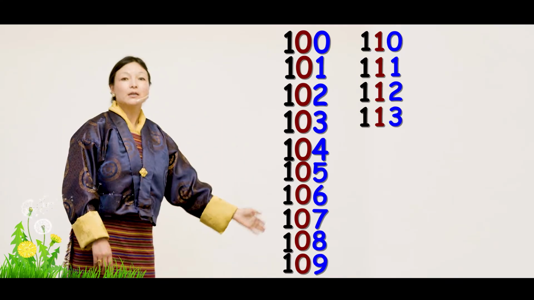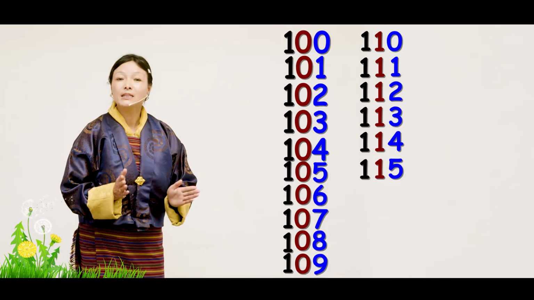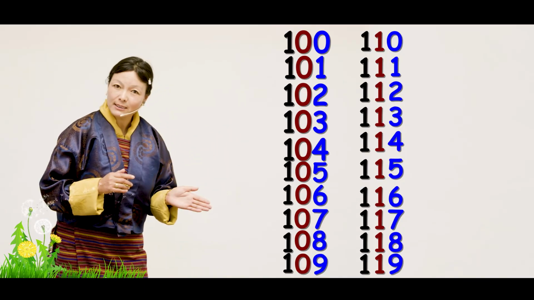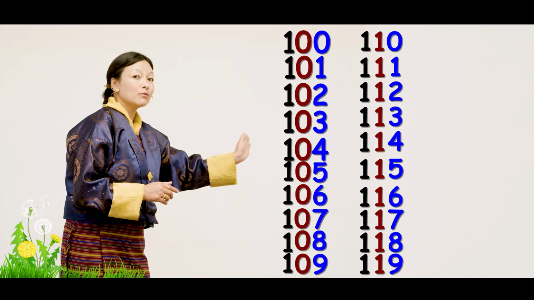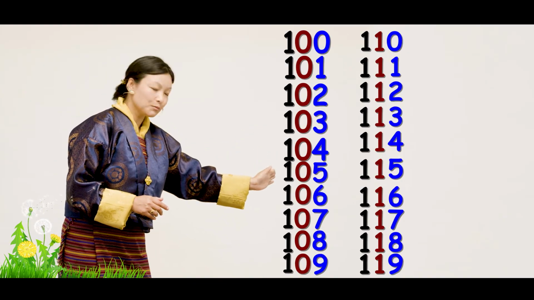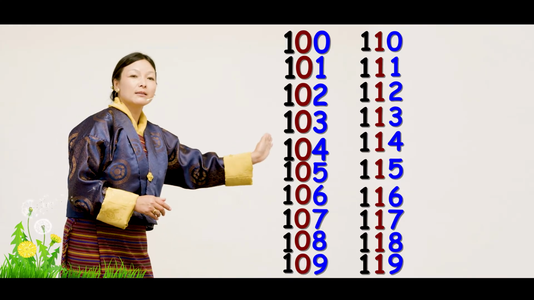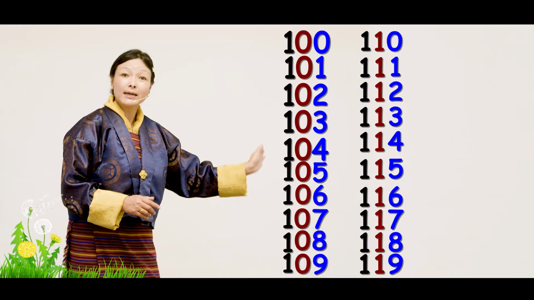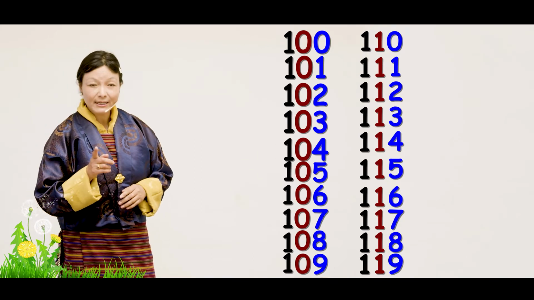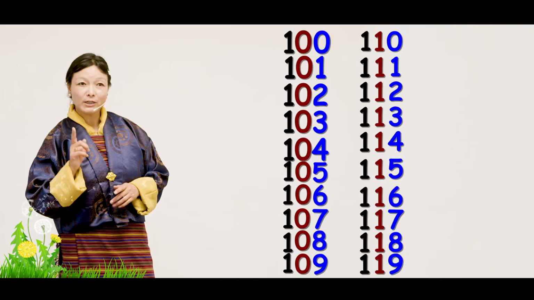In this pattern it goes on increasing till it becomes 119. When you write 119, how do you write? 1, 1, 9 is 119. After 19 comes which number? 20.